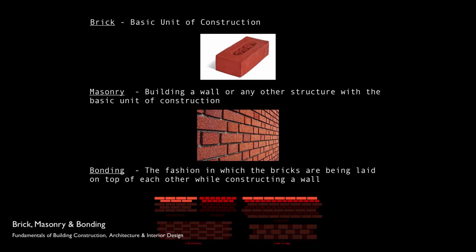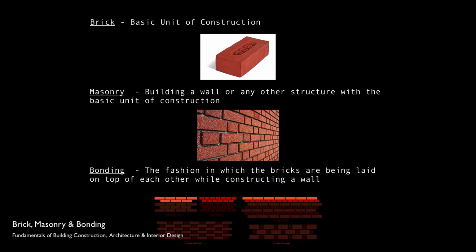Okay. So now next keyword is masonry. Now what is masonry? Masonry is basically building a wall or any other structure with the basic unit of construction. So, for example, if you look at a wall, if it is made up of stone, it would be called stone masonry.